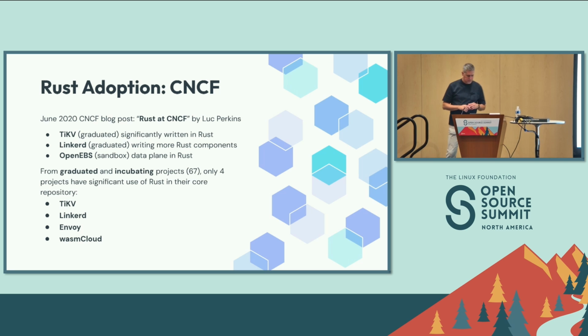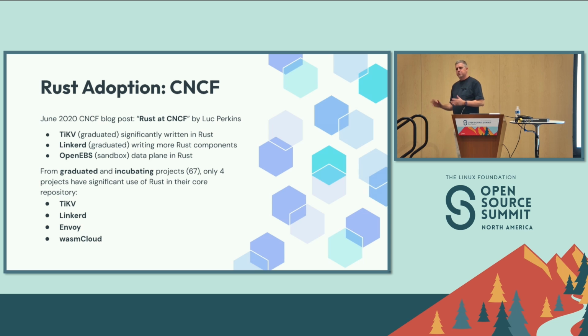And that was an interesting data point, that only 4 projects out of all, again, graduated and incubating projects have any significant use of Rust in the repo. And they're listed here: Envoy, Wasm Cloud, along with the ones that were mentioned in that blog post from 2020.